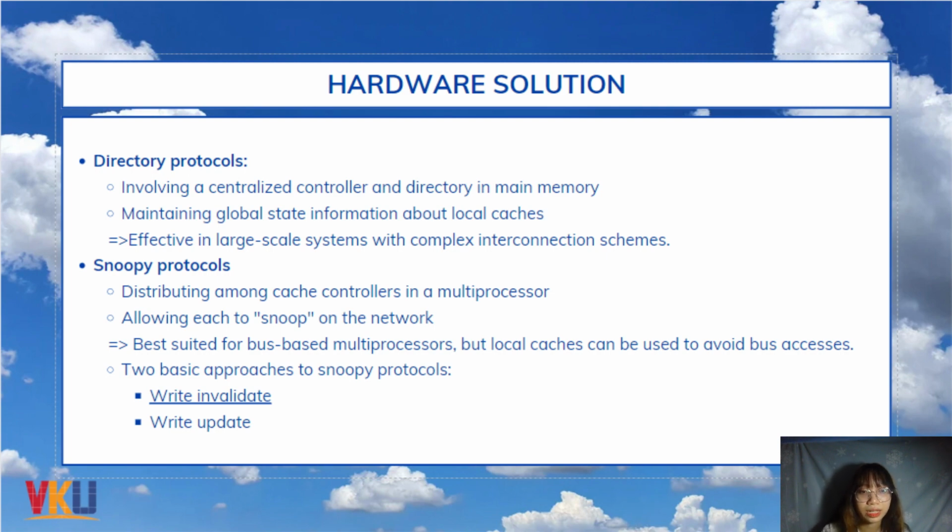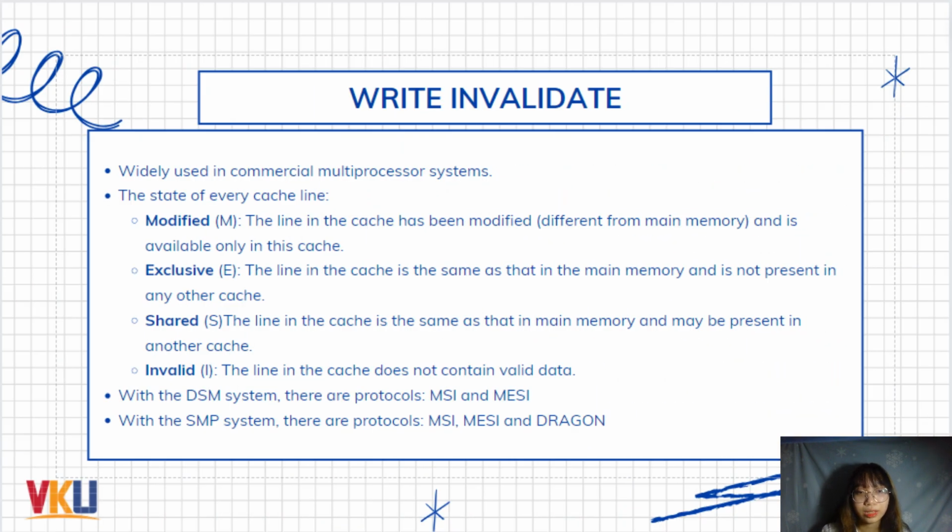The write invalidate approach is widely used in commercial multiprocessor systems, marking the state of every cache line as modified M, exclusive E, shared S, or invalid I. With the DSM system, there are the protocols MSI and MESI, but with the SMP system, we use MSI, MESI, and the Dragon.